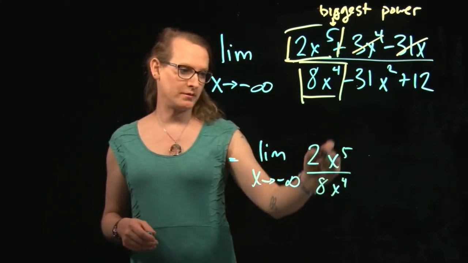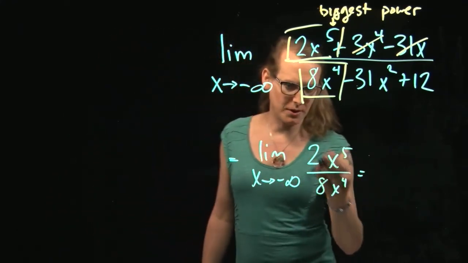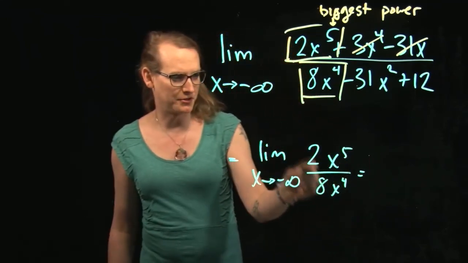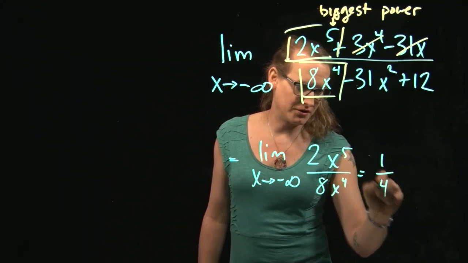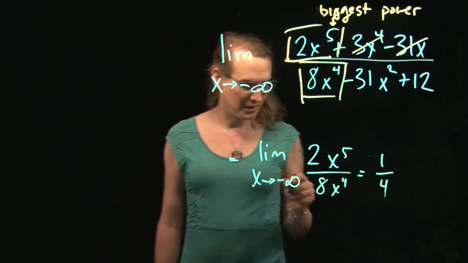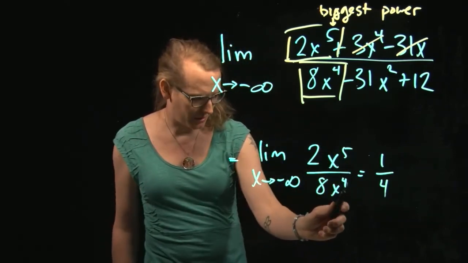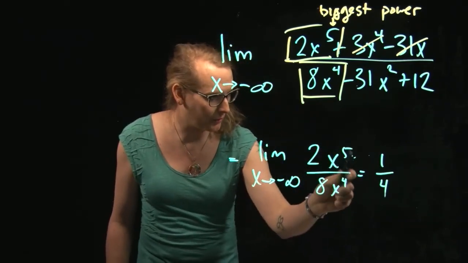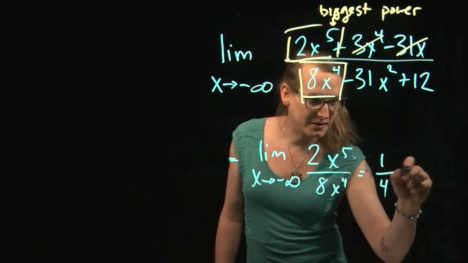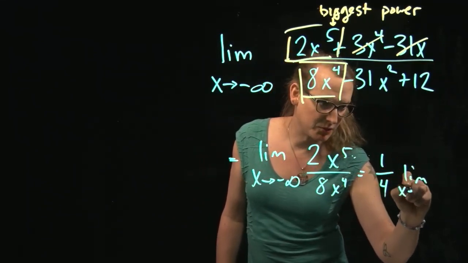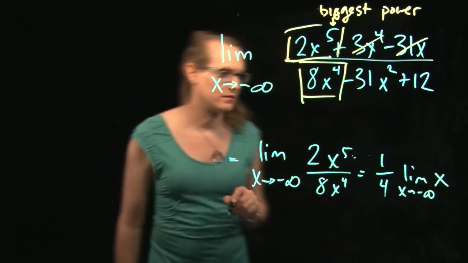Now I'm going to work on canceling stuff out here. That's equal to, I'm going to pull this 2/8 out front. I'm going to take a 2 out of each of the 2 and the 8 and bring that up front into a quarter of, now I'm dividing 2 x's right here, and so I'm going to subtract the lower one from the upper one. And it's going to turn into the limit as x approaches negative infinity of x.